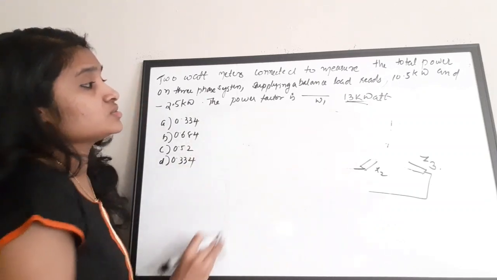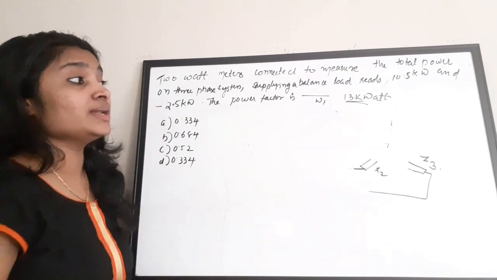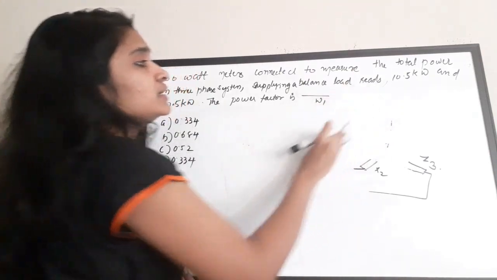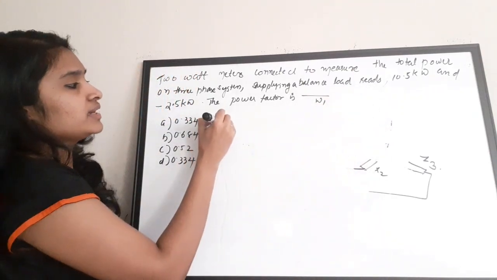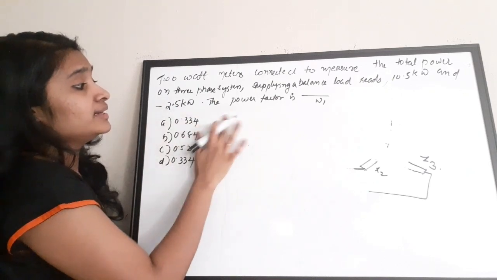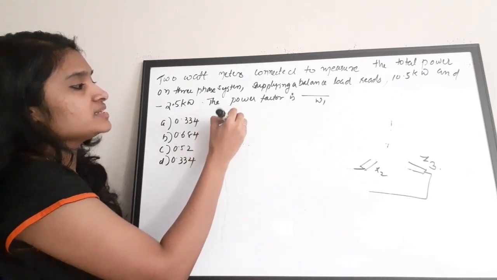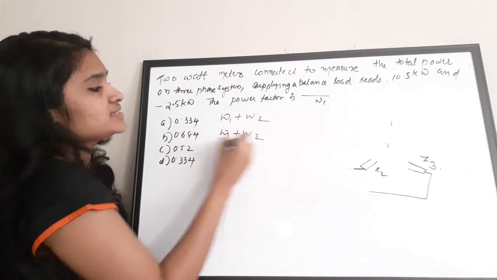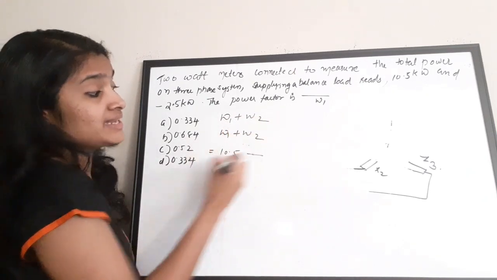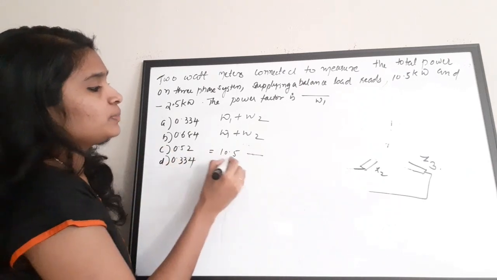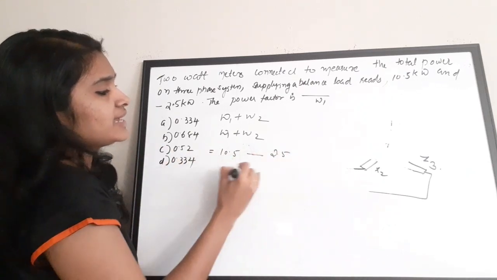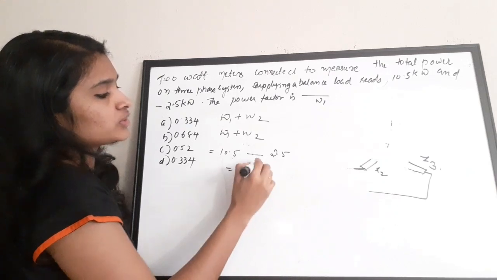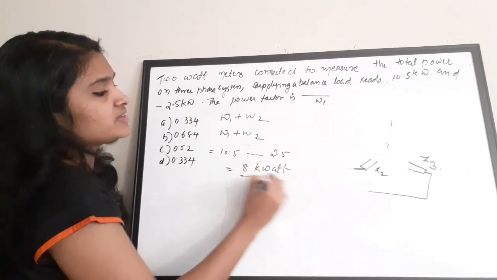Okay, so we have discussed how to calculate the total power. Earlier we took the total power as W1 plus W2. It is not 13. W1 plus W2 is actually 10.5 minus 2.5, which is 8 kilowatt. Sorry, I'm really sorry. So the total power is not 13.